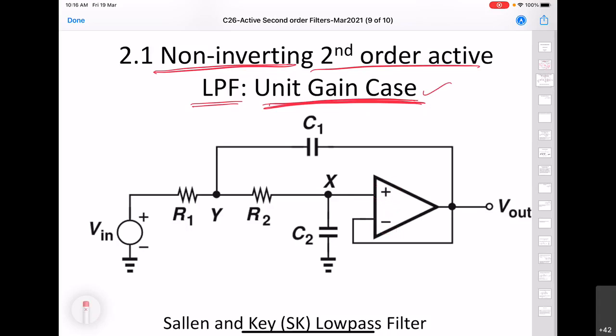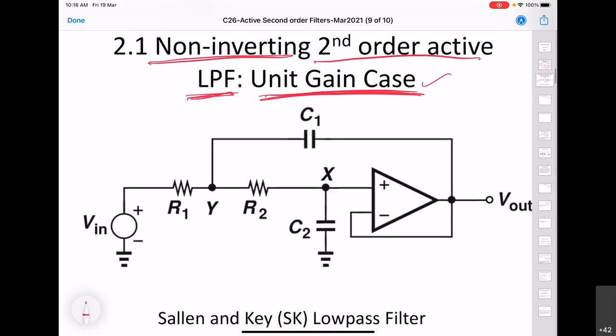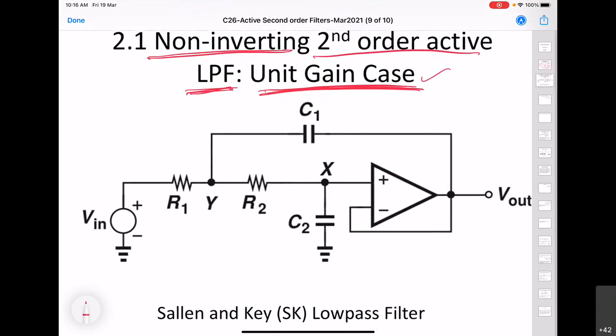Actually there are a few circuits of second order active low pass filter, and one of them, the most popular one, was proposed by Sallen-Key, and that is why this circuit is called the Sallen-Key low pass filter. And there are a few others also which we will see in future classes.